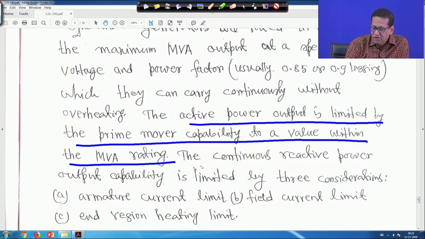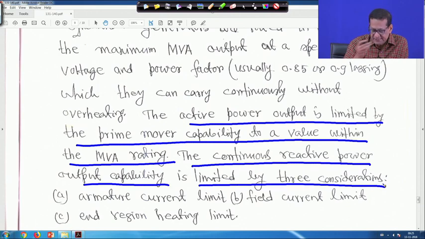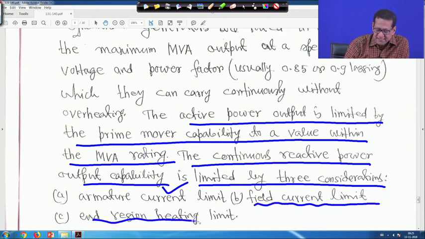The continuous reactive power output capability is limited by three considerations: the armature current limit, the field current limit, and the end region heating limit. If time permits, we will discuss these at the end, because it will consume some time, and here the continuity of the dynamics part would be lost.